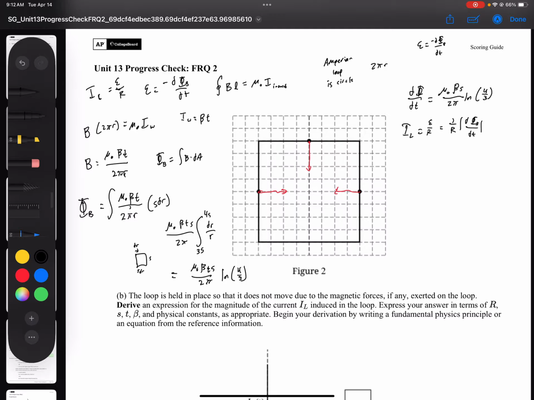You're going to see this in the scoring guidelines as well. I'll post those along with the video since I'm moving through this rather quickly. And that's my final expression.